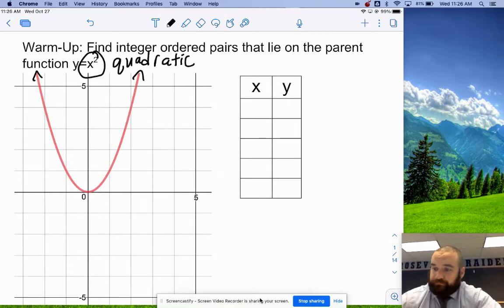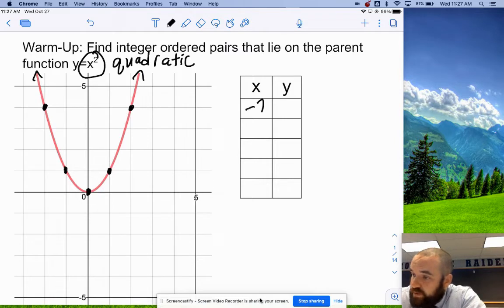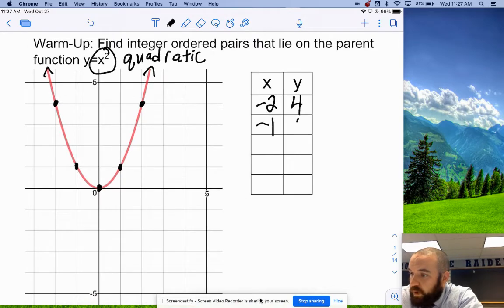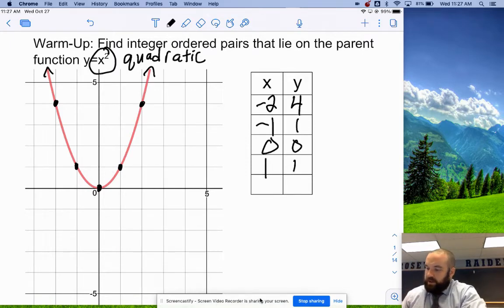So if we look, there are 5 main points that we can read on this basic parabola. And those 5 coordinates, if we just go left to right, are -2, 4, because -2 squared is 4; -1, 1, because -1 squared, or times itself, is 1; then there's 0, 0; there's 1, 1; and there is 2, 4.